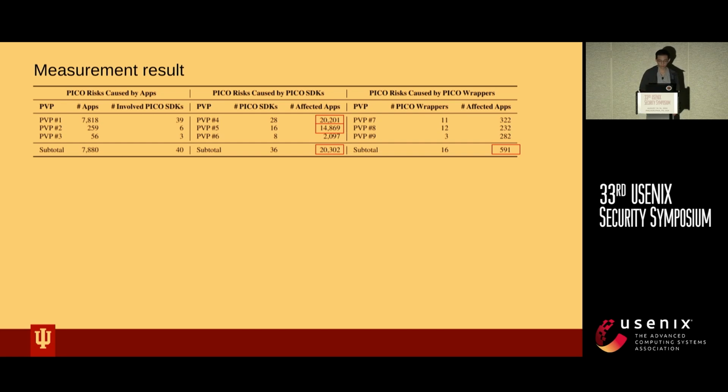Another interesting number is on the right-hand side, 591. This number is relatively low. It's not because all of the PICO wrappers are doing well. It's because not many apps are using PICO wrappers. In fact, more than half of the PICO wrappers have bad privacy practices.